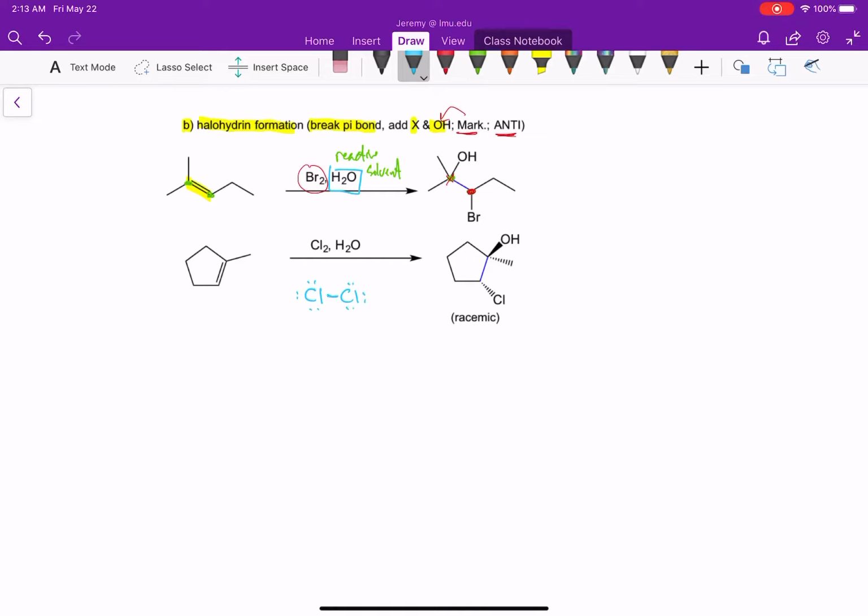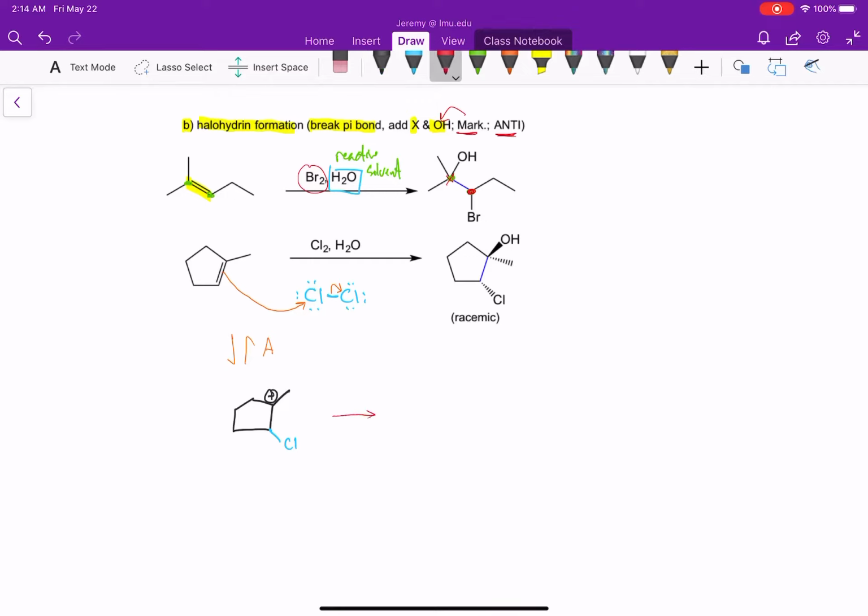The bond in between is weak. So our pi bond is going to attack one of the chlorines and then break the chlorine-chlorine bond. This is the same exact first step we saw in 7A. We're going to add our chlorine to one side, which means we have a carbocation on the opposite side.